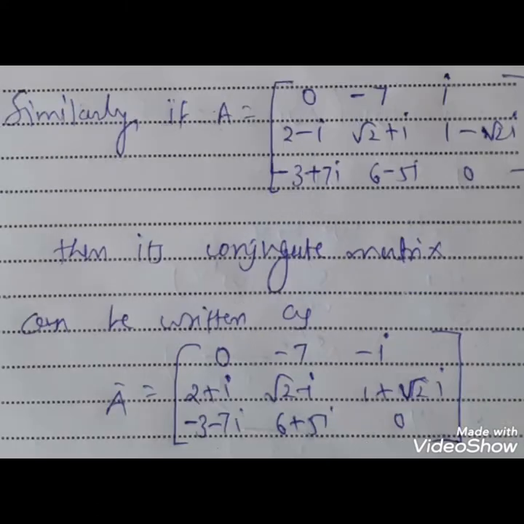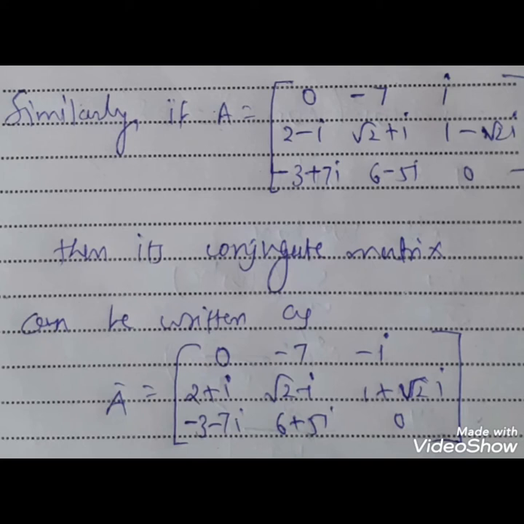Similarly, if we take a 3 by 3 matrix A which contains the elements 0, minus 7 and i for the first row, 2 minus i, root 2 plus i and 1 minus root 2 i for the second row, minus 3 plus 7i, 6 minus 5i and 0 for the third row, then to write its conjugate, A bar equals: see, in the first row the first two elements do not contain the i term, which means these are real numbers only, so they stay as they are, 0 and minus 7, but the third element of this row is i, so its conjugate is minus i.